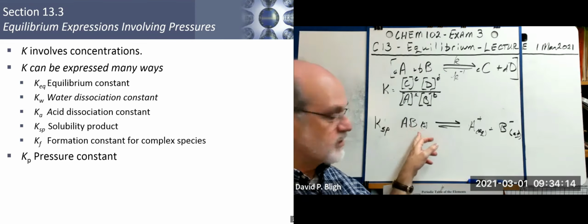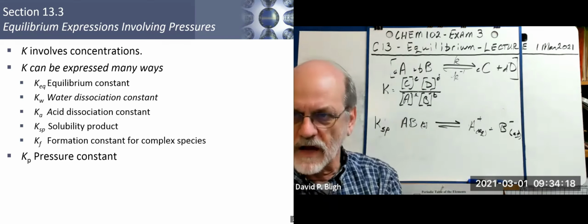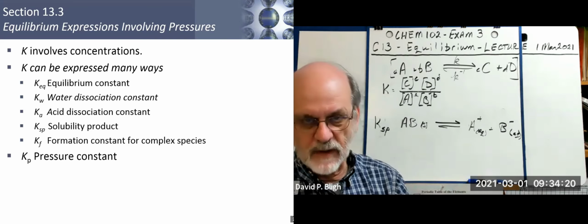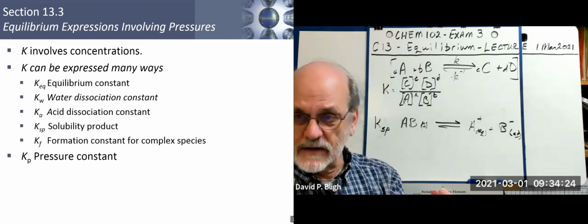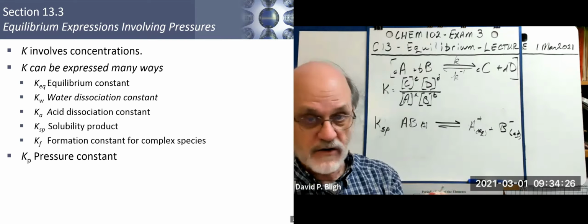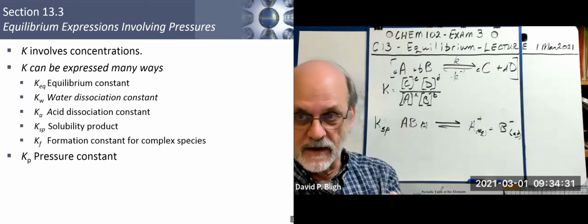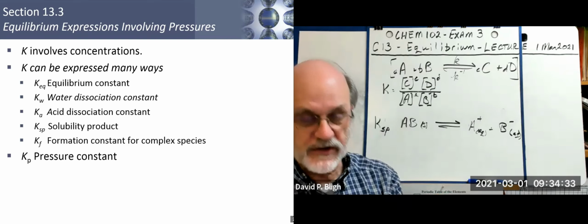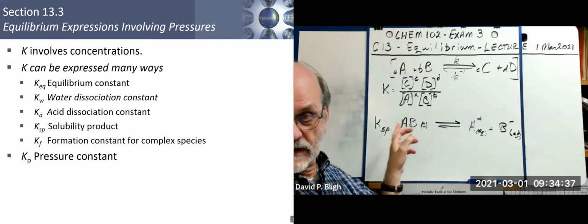When you write the expression, you don't include concentration of solid, right? Because a solid has no concentration other than maybe density or something like that. But as the reaction proceeds, the concentration of the solid does not change. It may lose some of it or it may add some to it, but the concentration does not change. So we don't include solids in the expression.